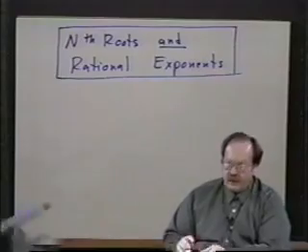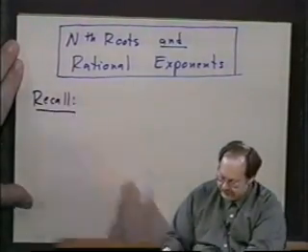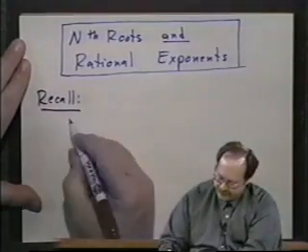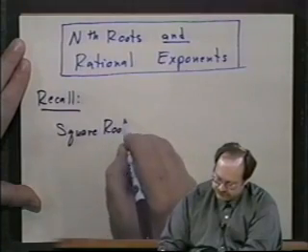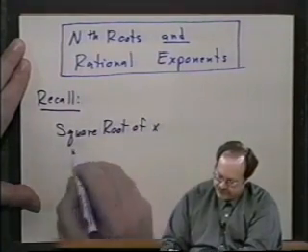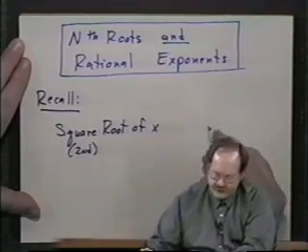All right, let's recall what I just did with square roots. As I change the color on you here a bit. The square root of x. Now remember, square root is another word for the second root of x.